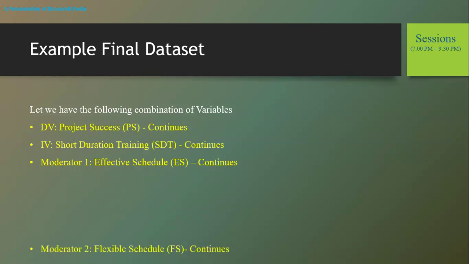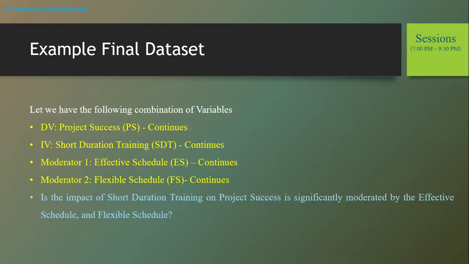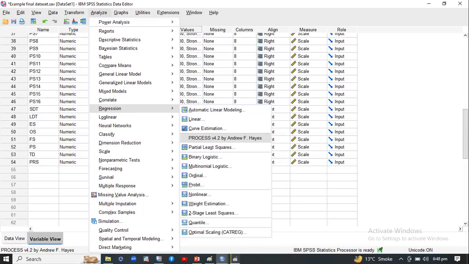We have the second moderator, flexible schedule, which is a continuous variable. What we want to analyze is whether the impact of short duration training on project success is significantly moderated by effective schedule and flexible schedule. So in this case, we have two moderators and both are continuous. None of them is categorical.